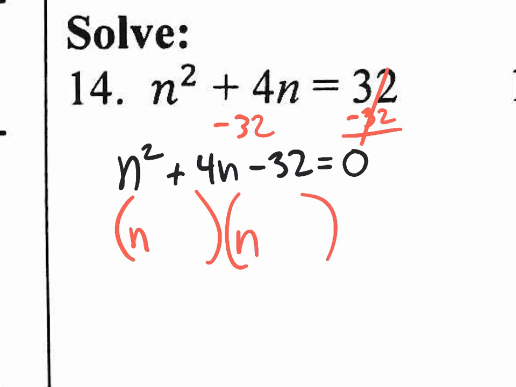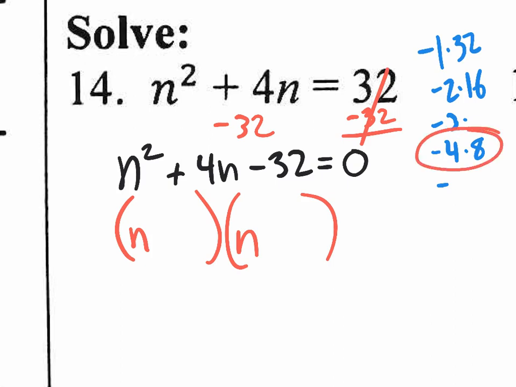What times what is negative 32 that if you combine together is positive 4? Negative 1 times 32, negative 2 times 16, negative 3 doesn't work, negative 4 times 8, that's about it. So negative 4 and 8, and those are good. You don't have to change any signs, so you just put that minus 4 right there, that plus 8 right there. It is equal to 0.